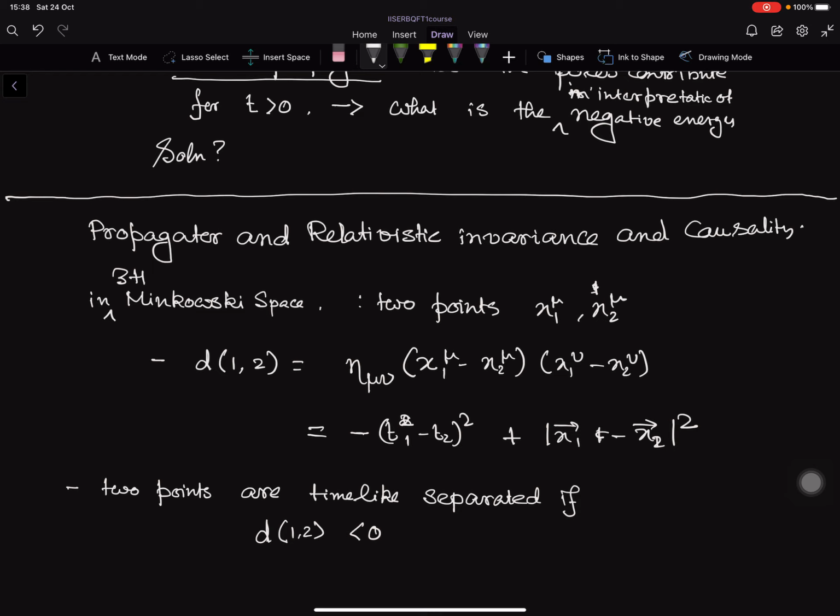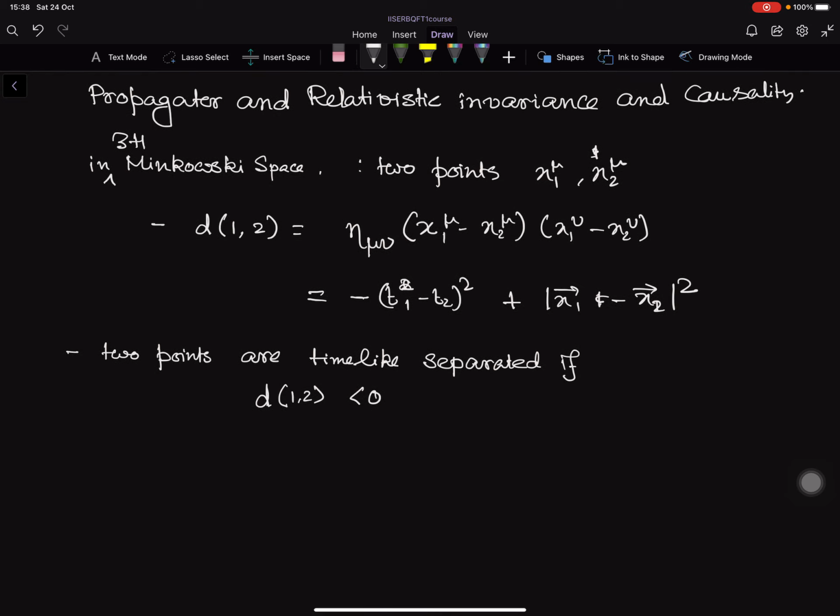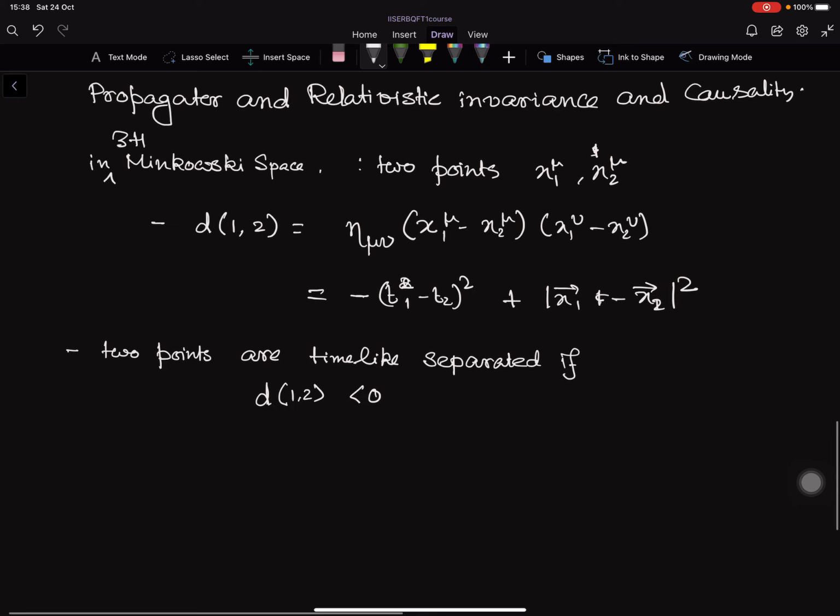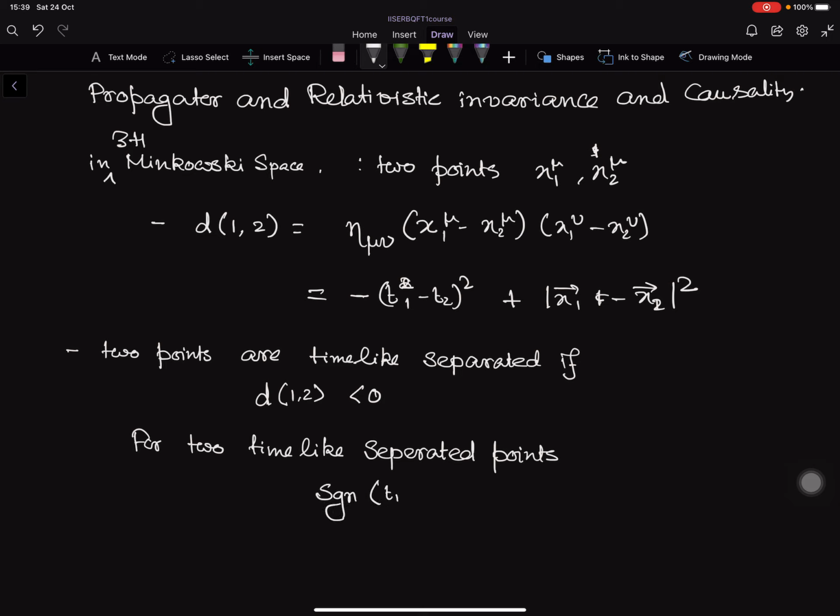Okay, so this is the time-like separation, and you can show that for two time-like separated points, the sign of t1 minus t2 is relativistic invariant.